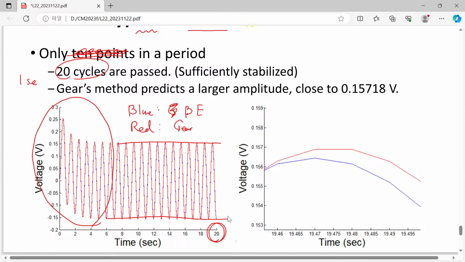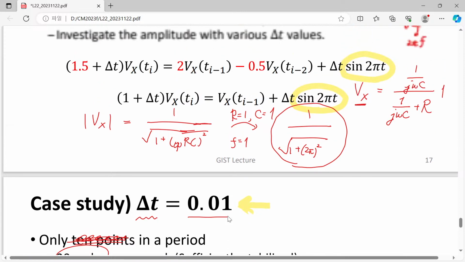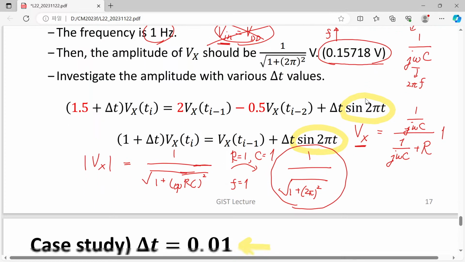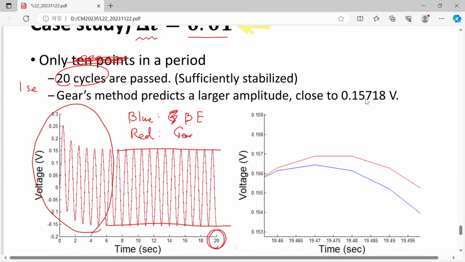That is the situation shown here. And if everything were perfect, our solution should have this value, 0.157, as its amplitude. Here you can see that we have this level as the perfect value of our numerical solution.